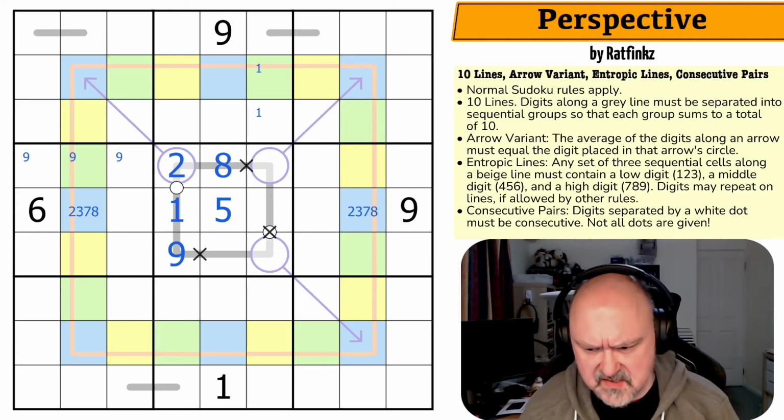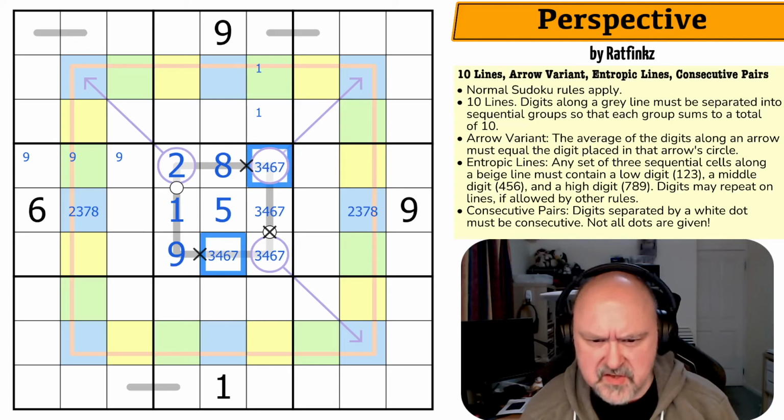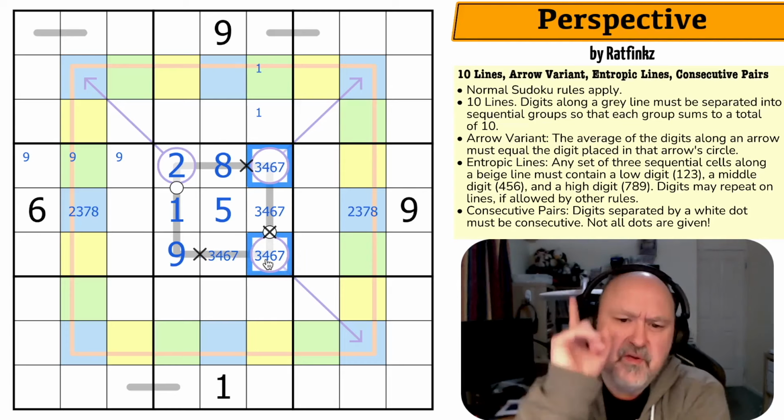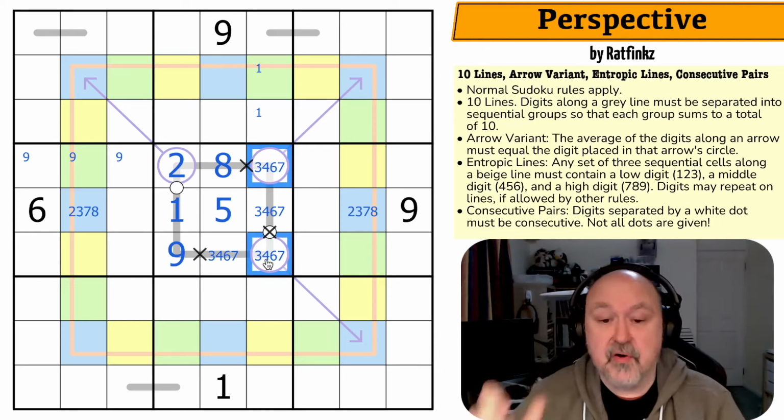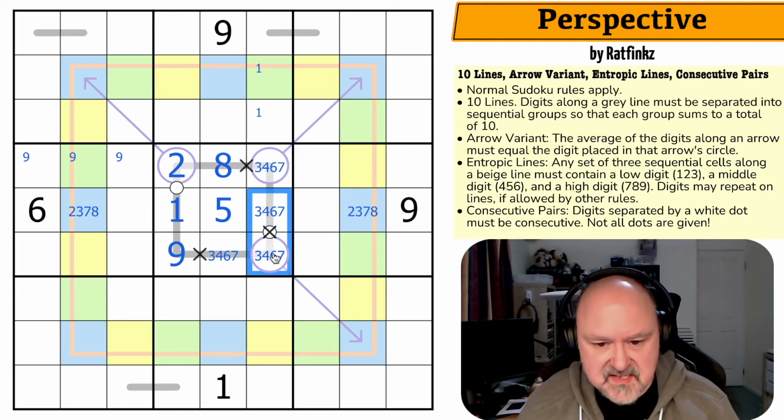So this is either 6, 7 or 3, 4. And this is the other of 6, 7 or 3, 4. So one of these does have to be low. Right, one of those has to be low because this is either 6, 7 or 3, 4.